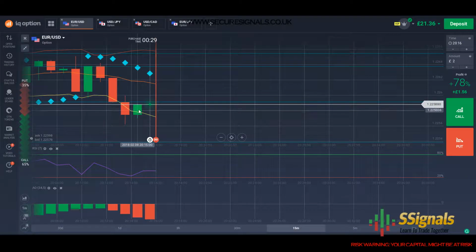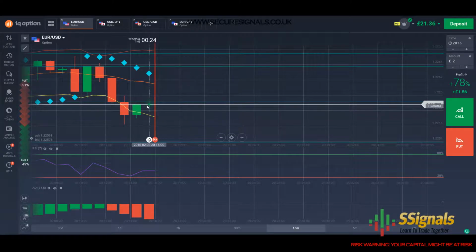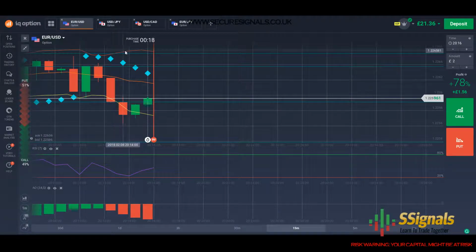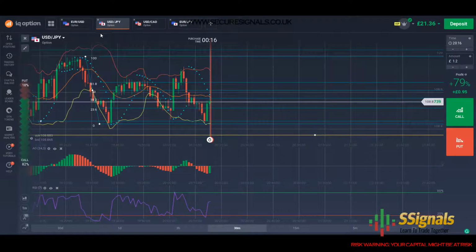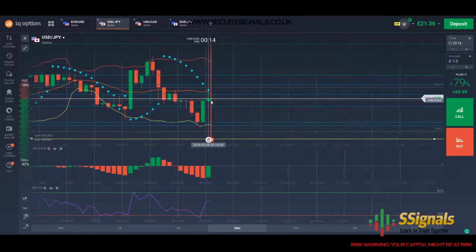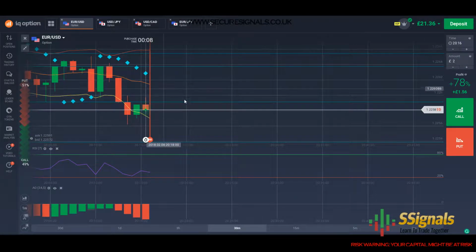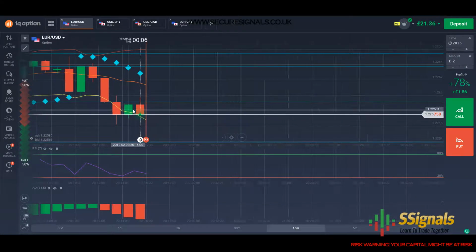That could be considered a dark cloud cover or something like that, where this next candle could be green. I want to see. Okay, so this one's become red.